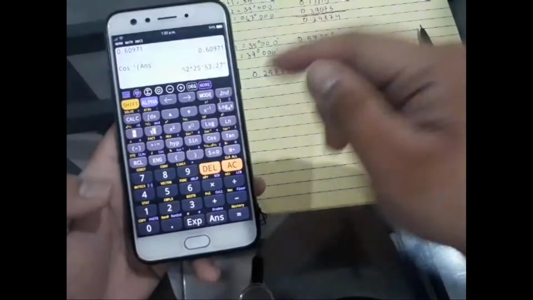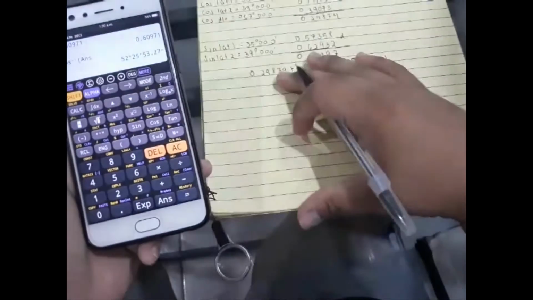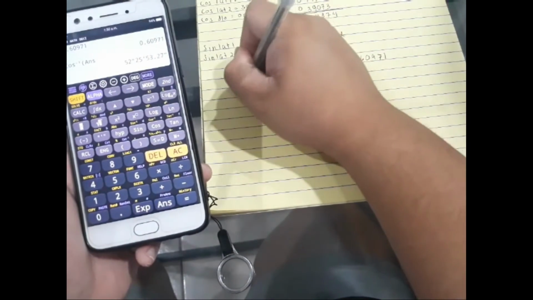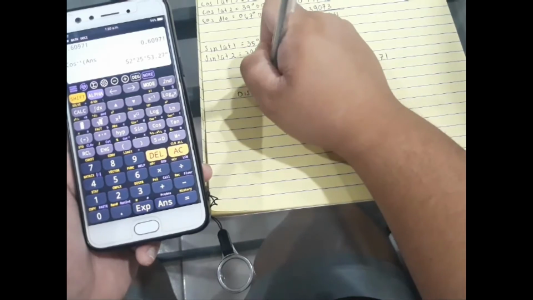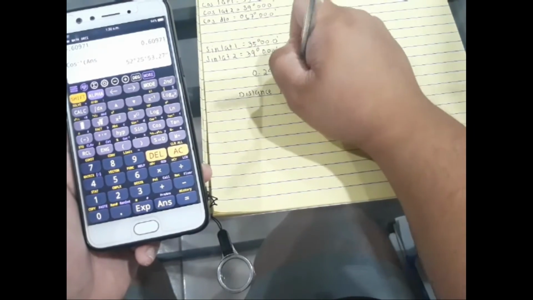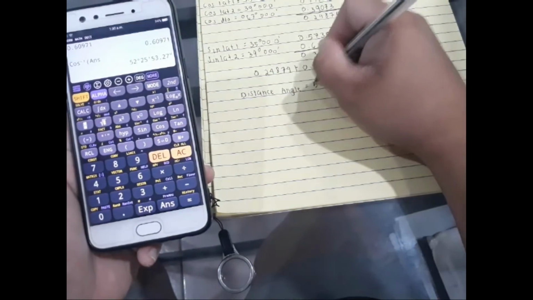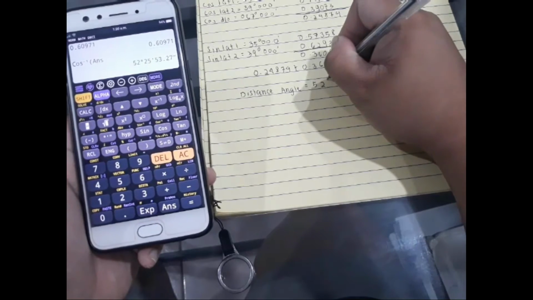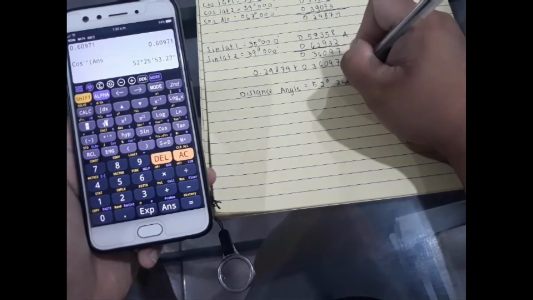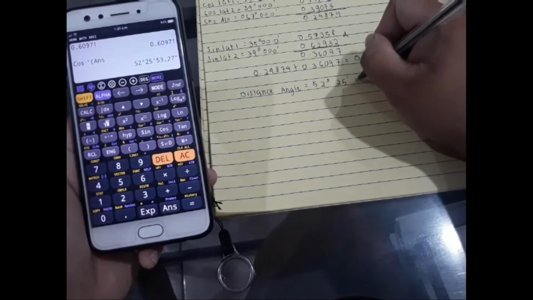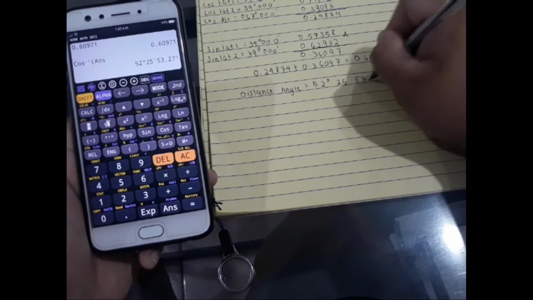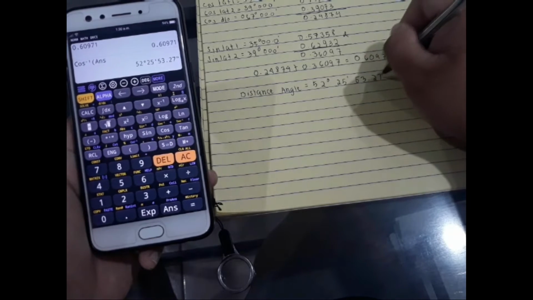That is our distance angle. Our distance angle is 52 degrees 25 minutes and 53.27 seconds.